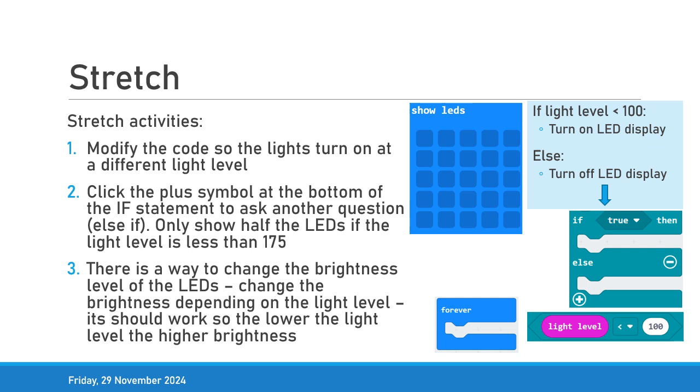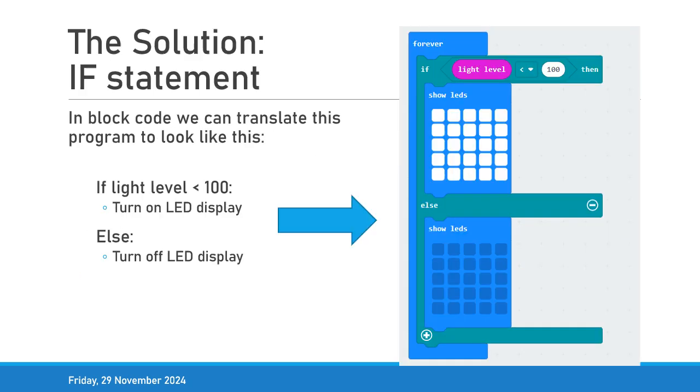So how is it that we can make our microbits even better? Well, what we can do is potentially ask more questions about the amount of light that there is in a room. But in all honesty, as long as you've got this, you've got a working nightlight.